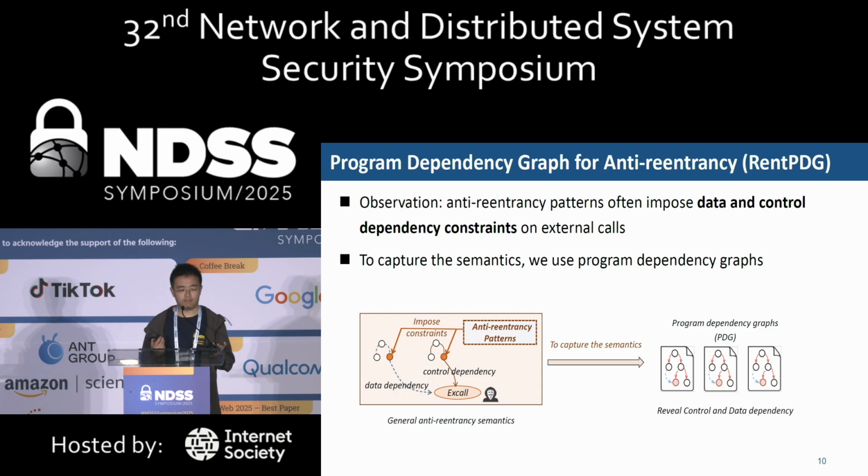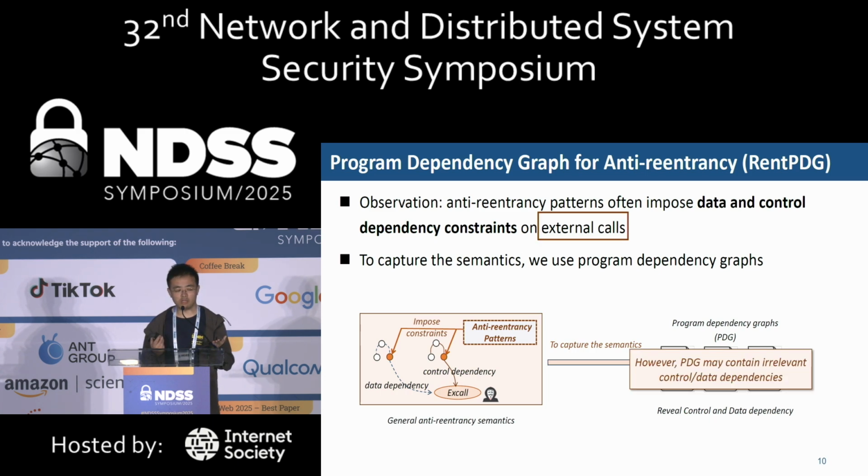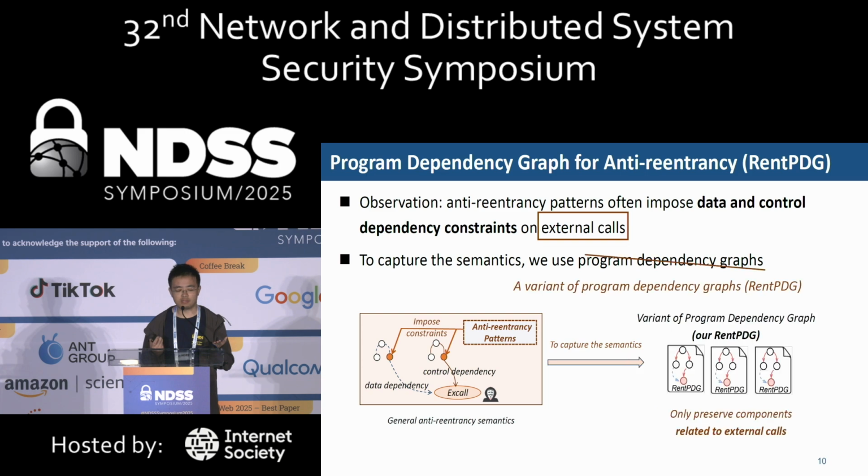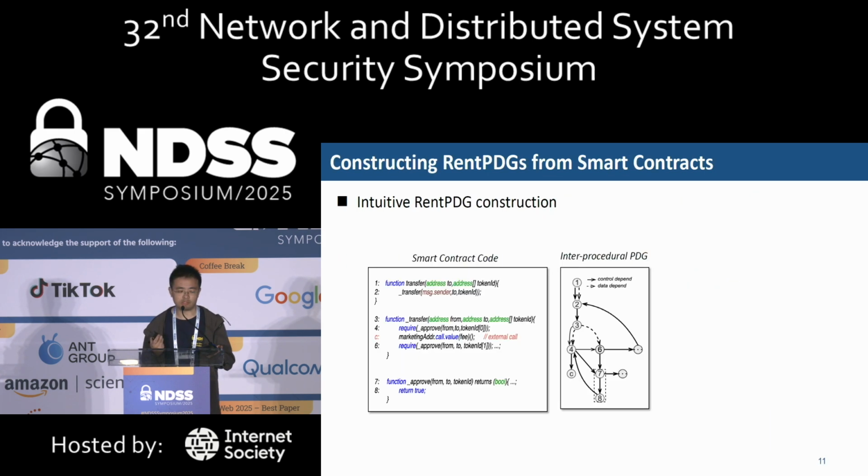We notice anti-reentrancy patterns only impose constraints around external calls, so we propose a variant program dependency graph called Rent-PDG. Rent-PDG only preserves components related to external calls.